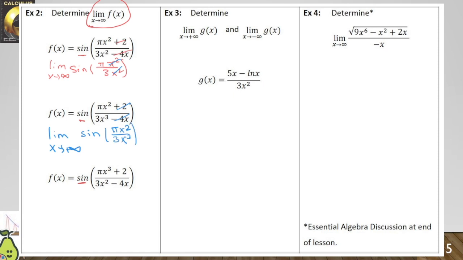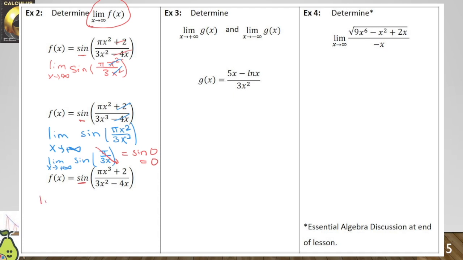And then, of course, the x squared and x to the 3rd cancel out, and we get the limit as x goes to positive infinity of sine of pi over 3x. Now, just like earlier, the pi over x will go to 0 whenever we have x going to infinity. That leaves us with the sine of 0, and the sine of 0 is, of course, 0.